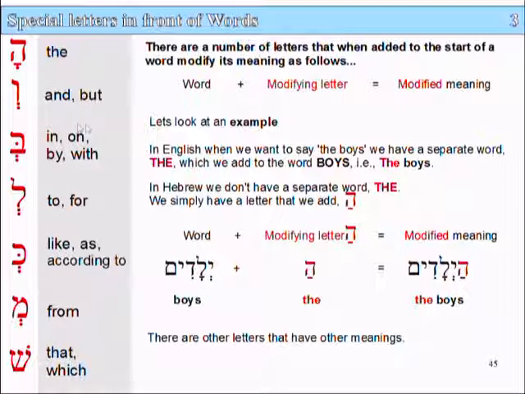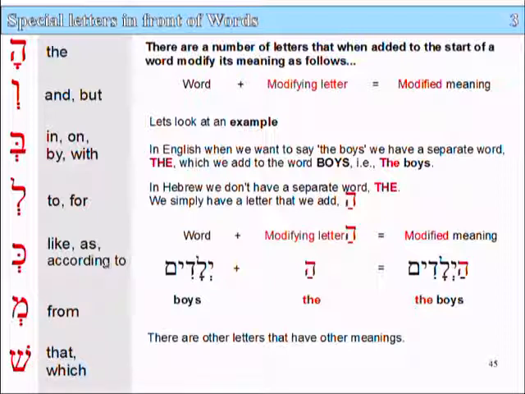And in the second part of the lesson, we'll have a look at the Beit, the Lamed, the Kaf, the Mem, and the Shin. The Beit means in, or on, by, or with. The Lamed means to or for. The Kaf means like, or as, or according to. The Mem means from, and the Shin means that or which.